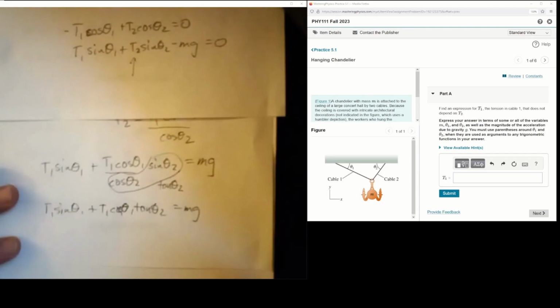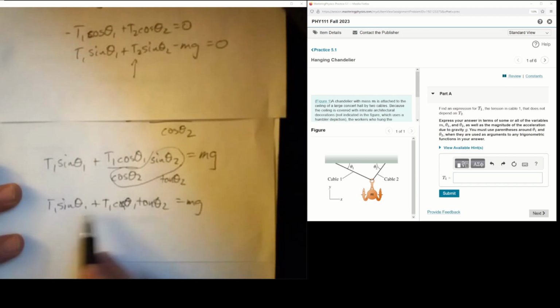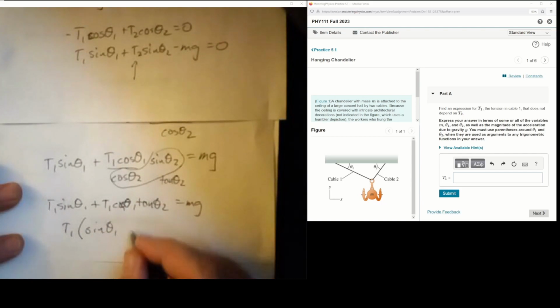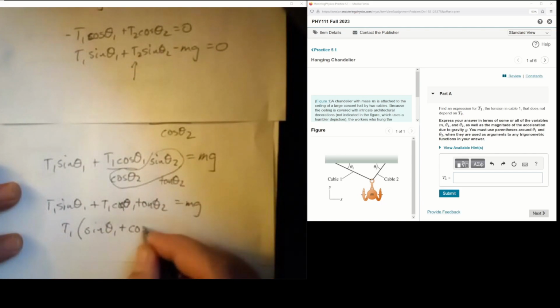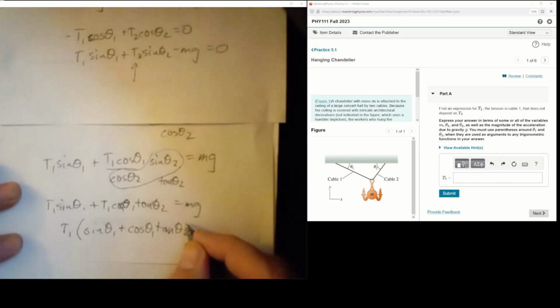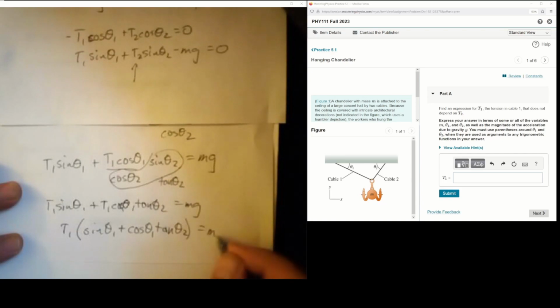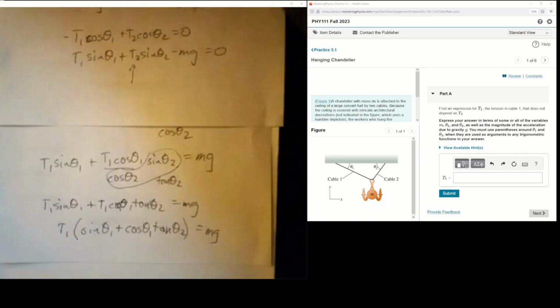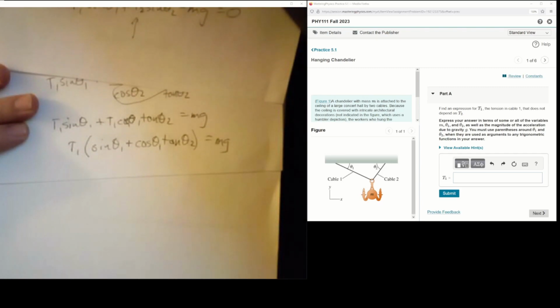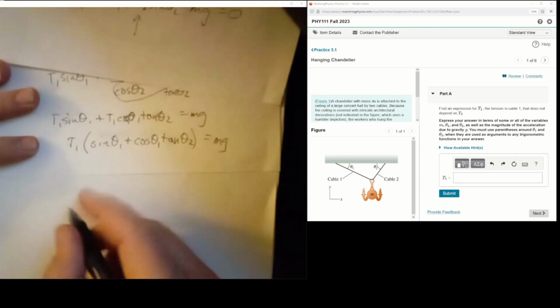To solve for T1, we've got to factor it out. And then, to finally solve for T1, we'll just divide by the parentheses.